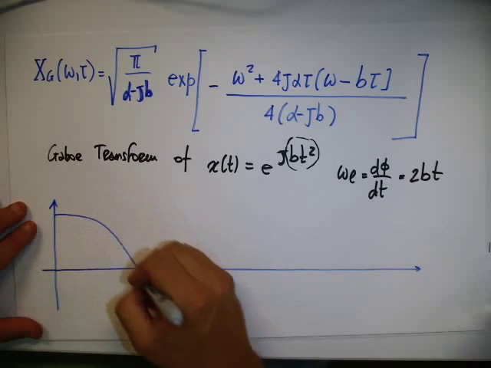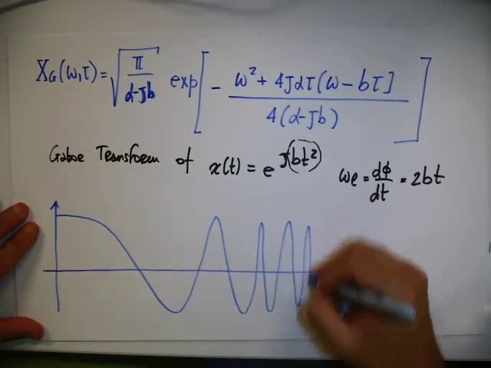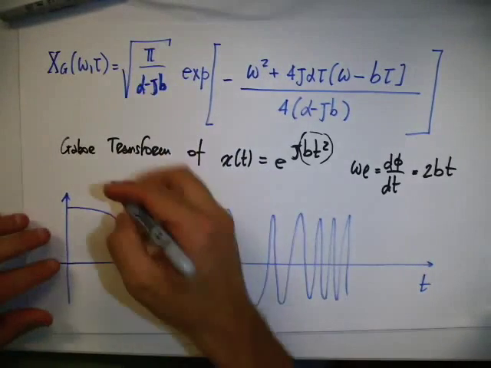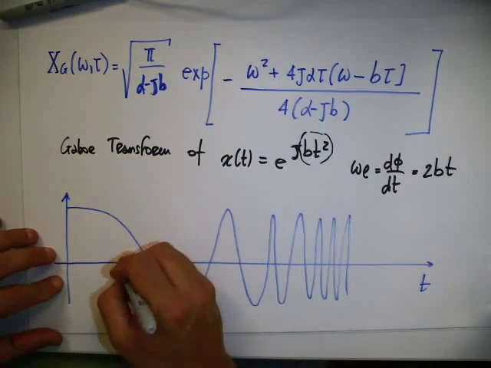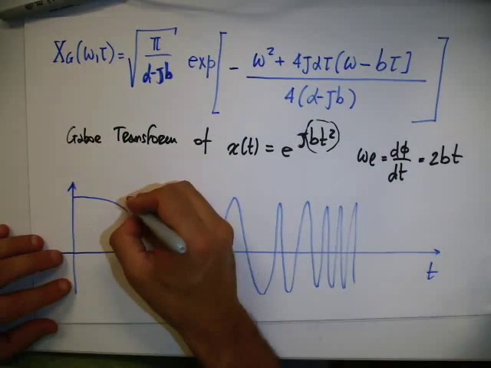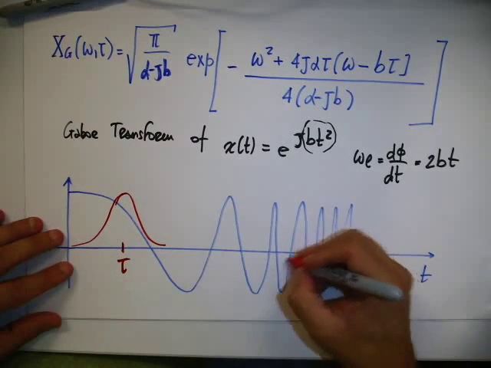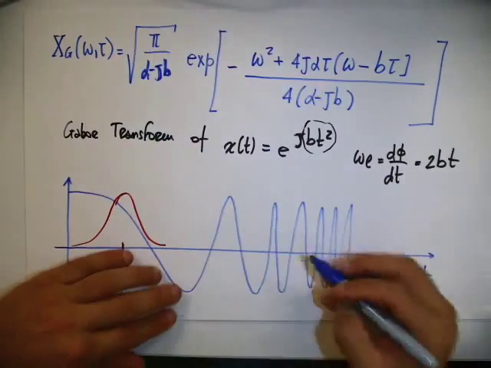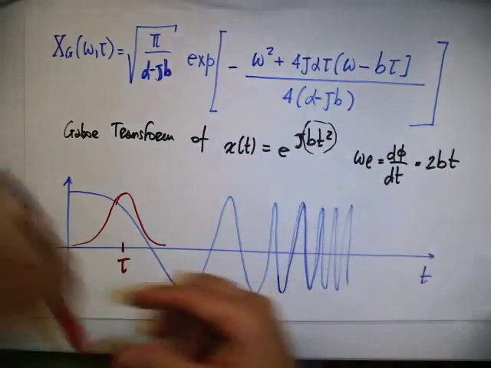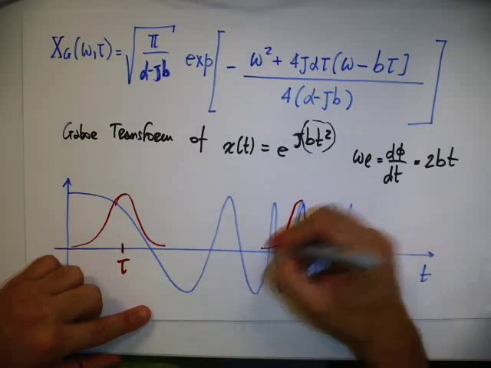So this is our chirp signal. For a given alpha, when tau is very close to the origin, the Gaussian window is still the same, right? And here I should have drawn it a little bit later. And then when we have a later time, the Gaussian window is still the same.